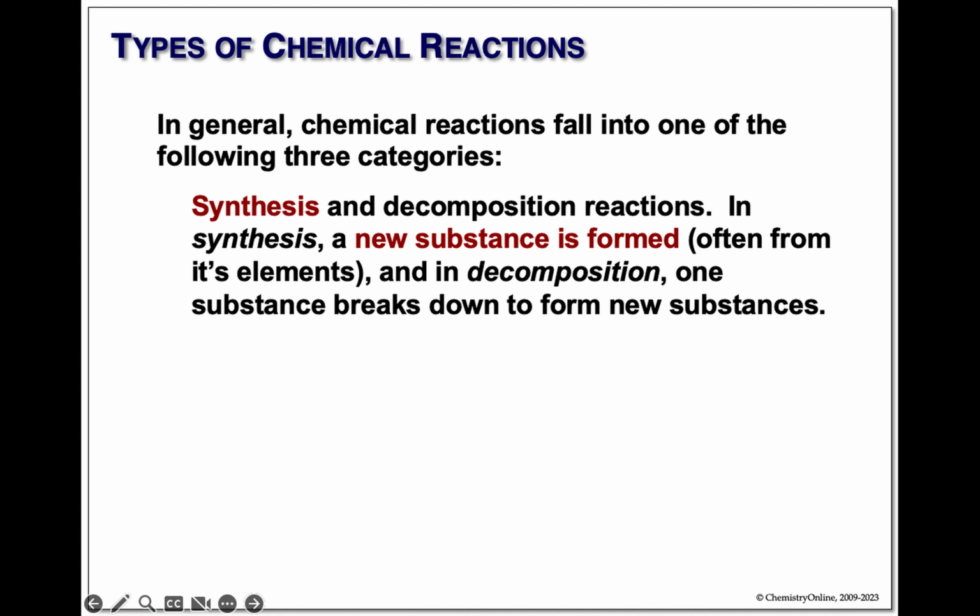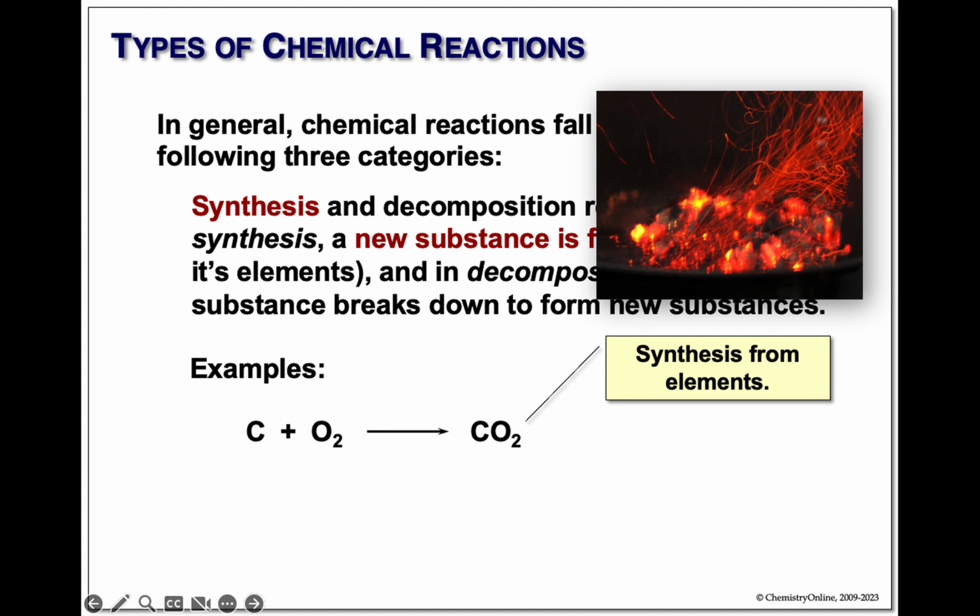Synthesis reaction, not surprisingly, we make one or more new substances. An example: if you take carbon, react it with oxygen, you get carbon dioxide, a new substance. Think a barbecue pit. They burn. These are elements, called synthesis from the elements.